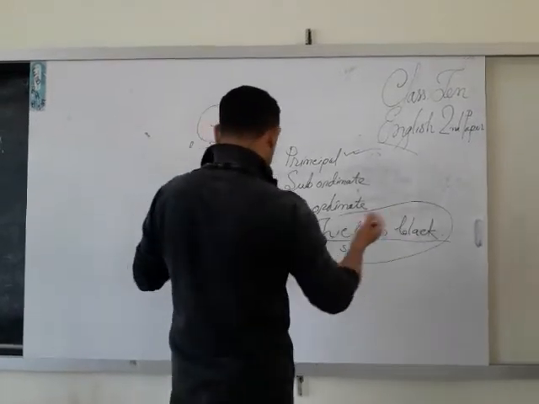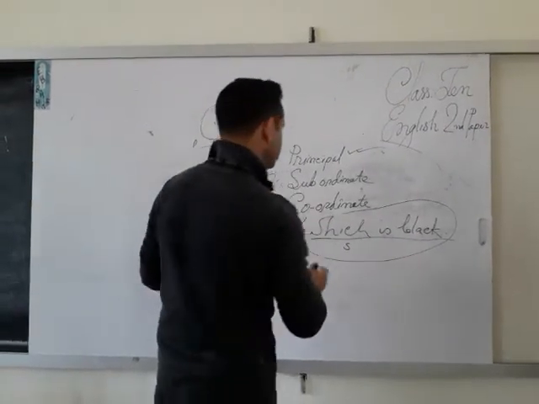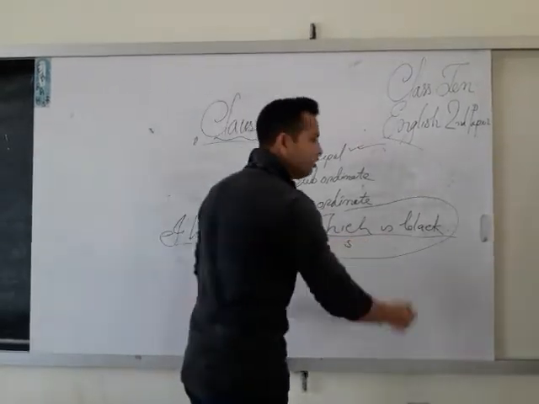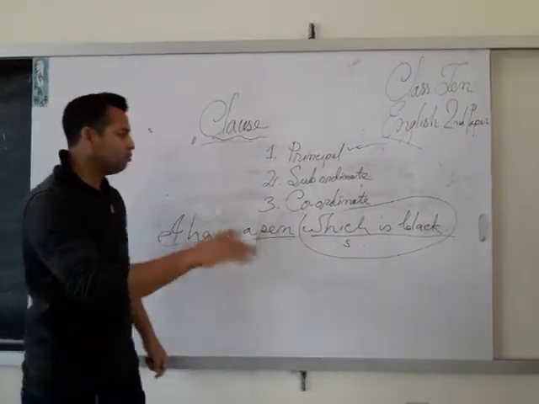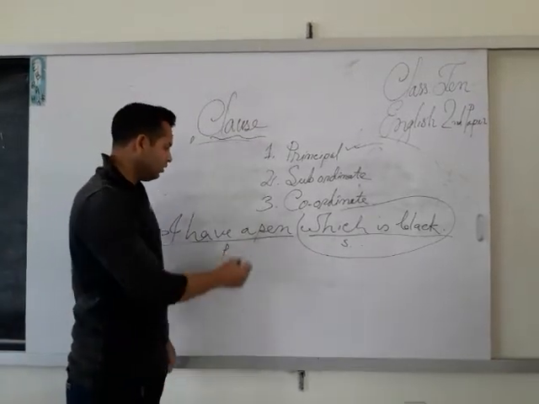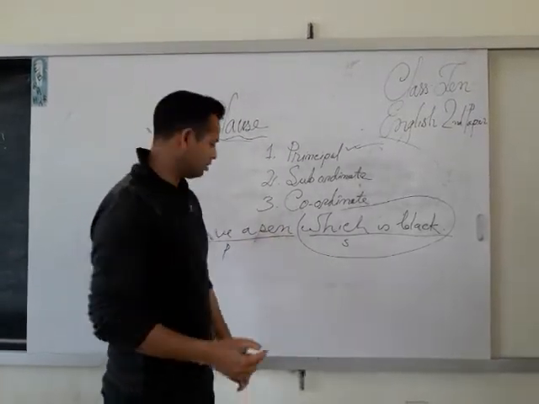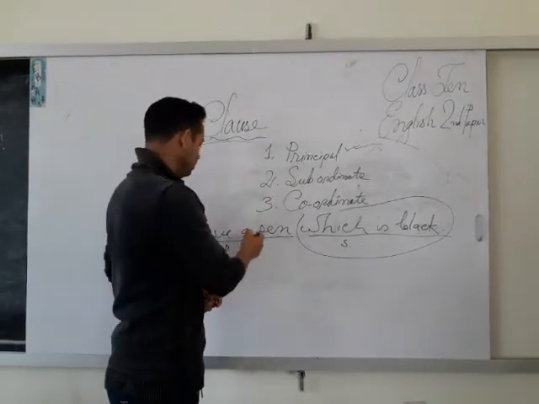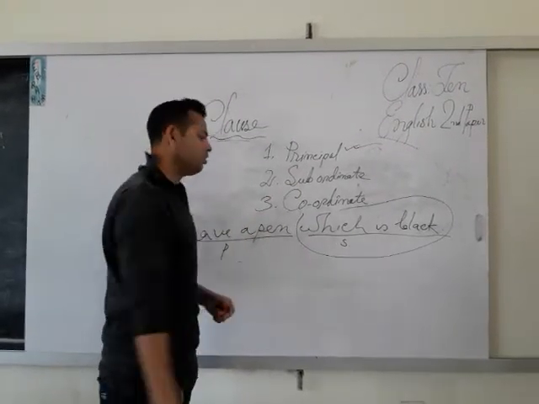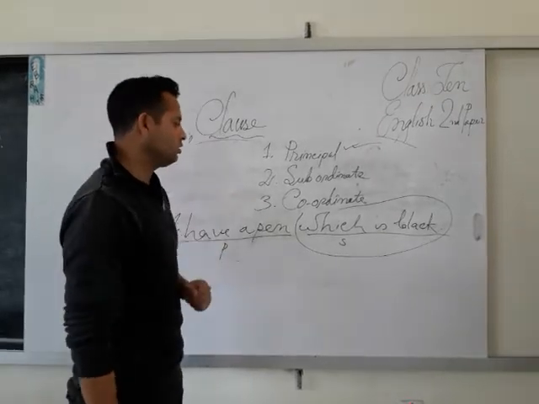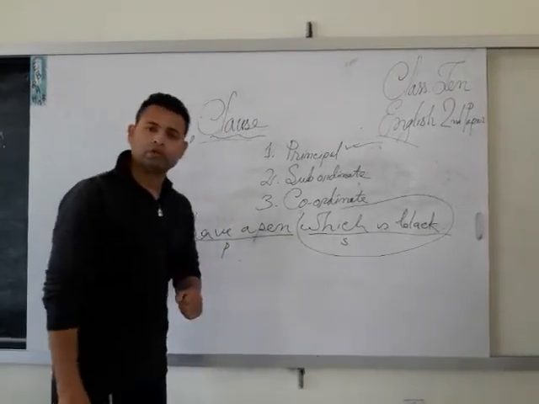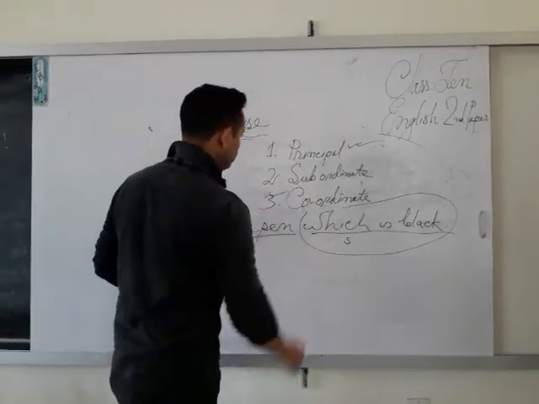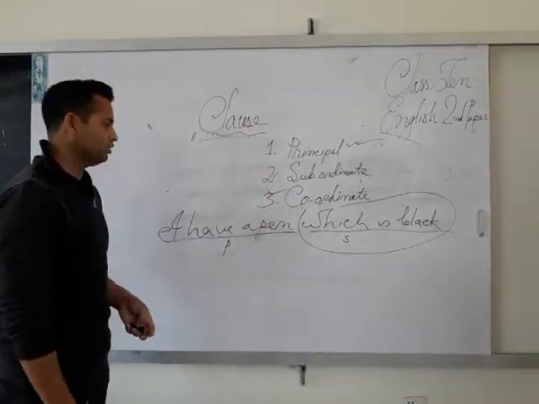When we join these two clauses together, this part is able to give a clear meaning. So it is easy to understand which one is the principal clause and which one is the subordinate clause.